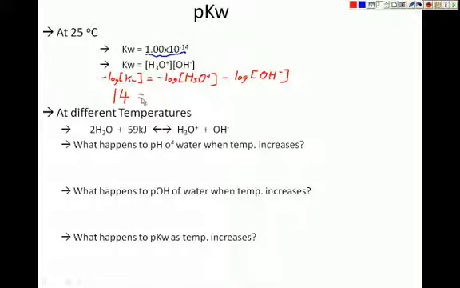And the negative log of H3O plus, well, remember this formula? pH equals the negative log of H3O plus. So all this is pH.